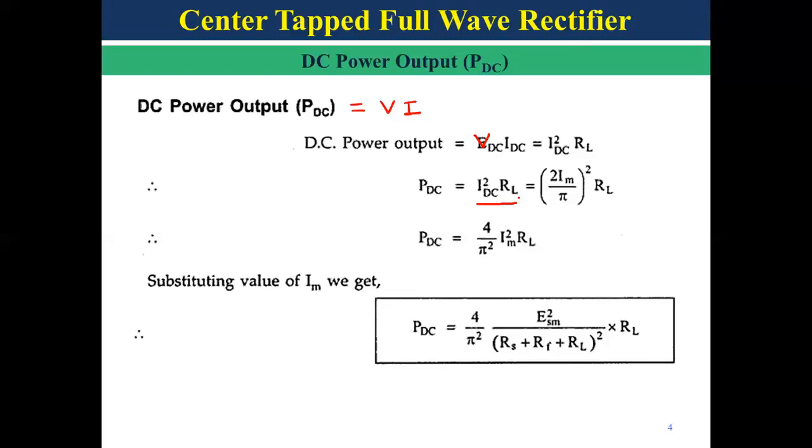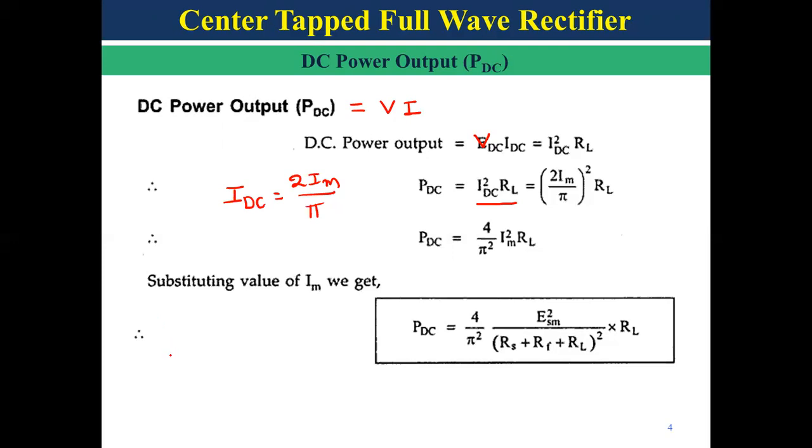And we already calculated IDC of center tapped full wave rectifier, which is given as IDC equal to 2Im by pi. Substitute this IDC value in this expression, then we are getting 2Im by pi whole square into RL, that equal to 4 by pi square into Im square into RL.